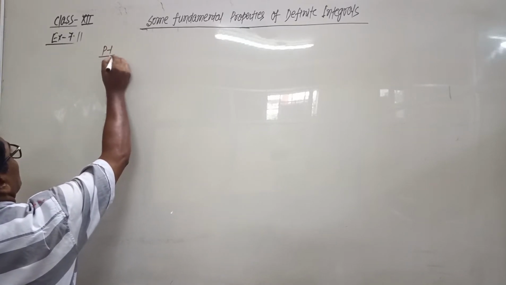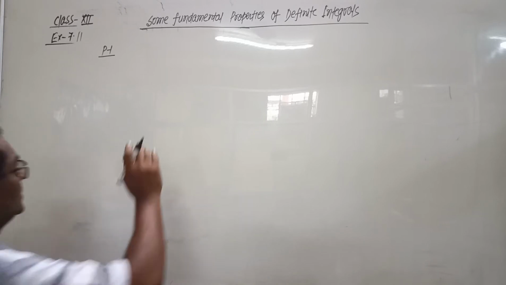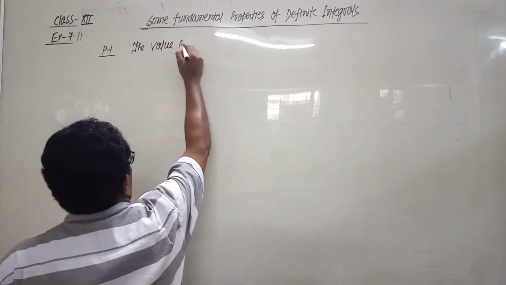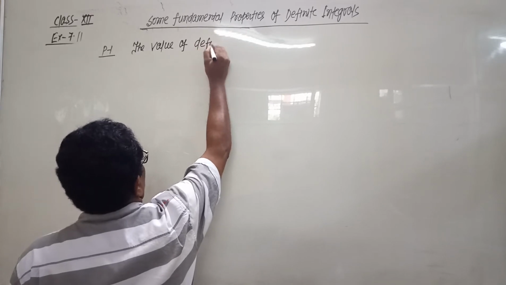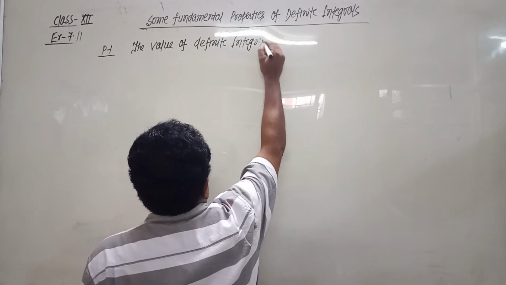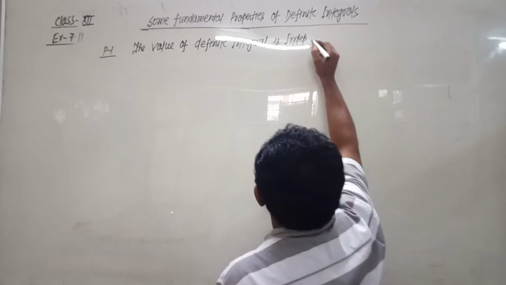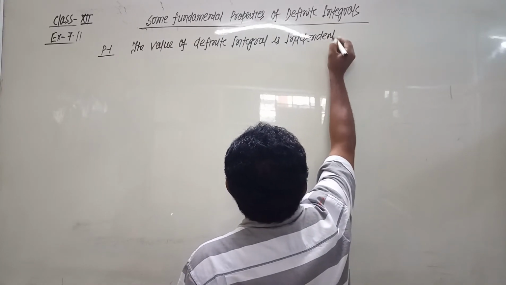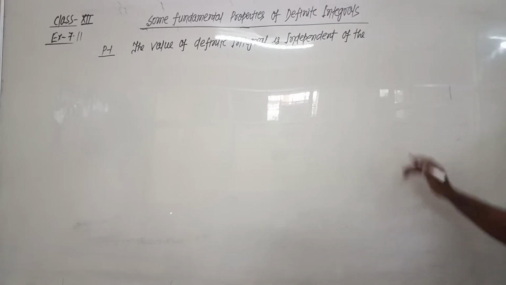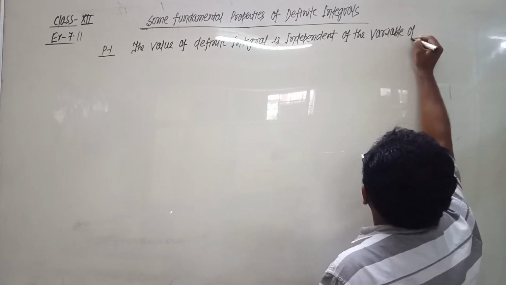Property number 1: the value of definite integral is independent of the variable of integral.